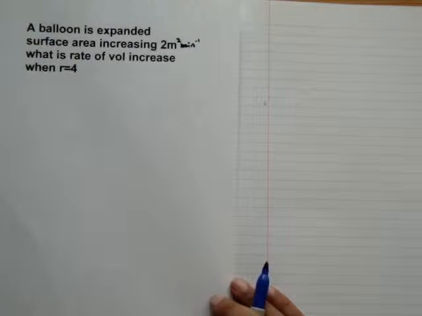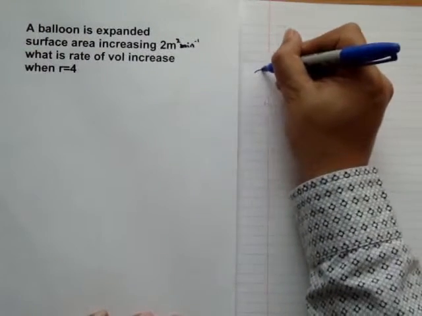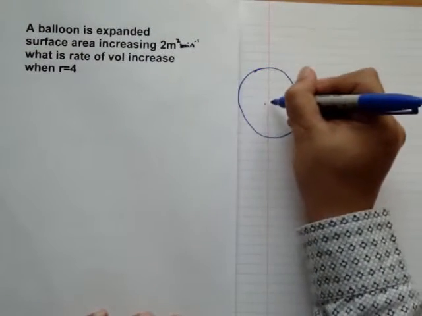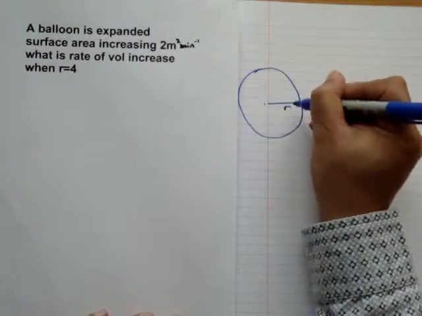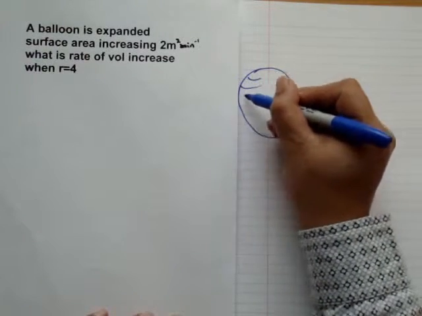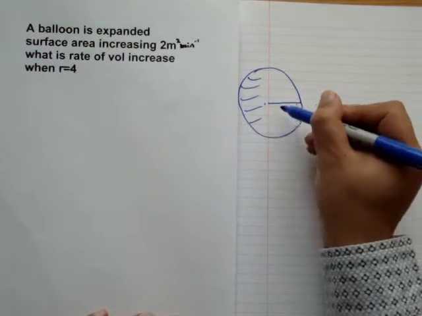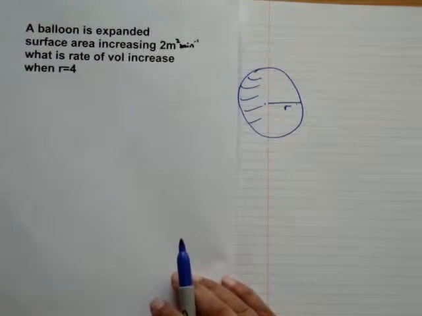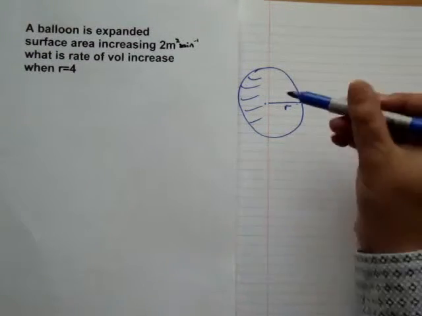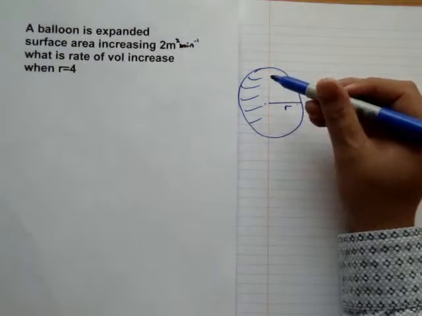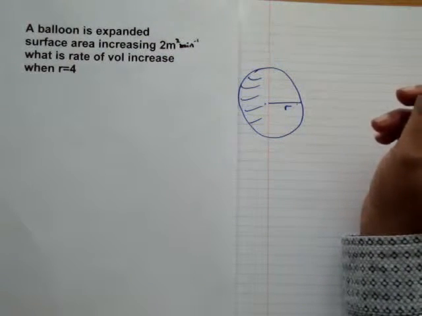What's the rate of volume increase when r equals 4? So again, we have a sphere or a balloon, radius r. As the balloon is inflated, as r increases, the surface area increases.